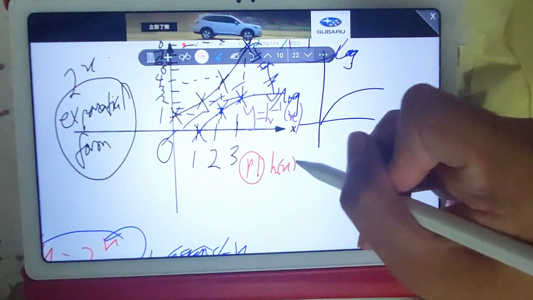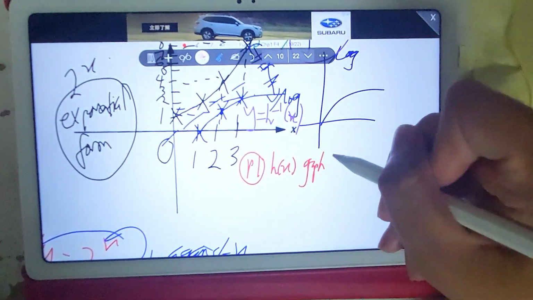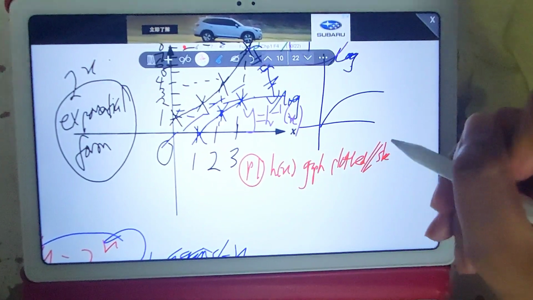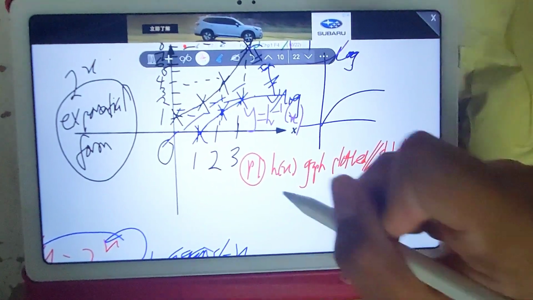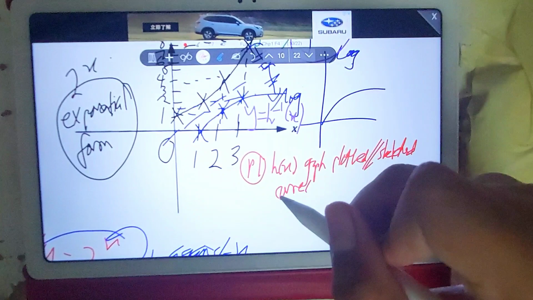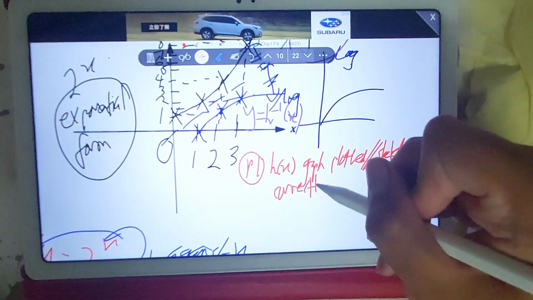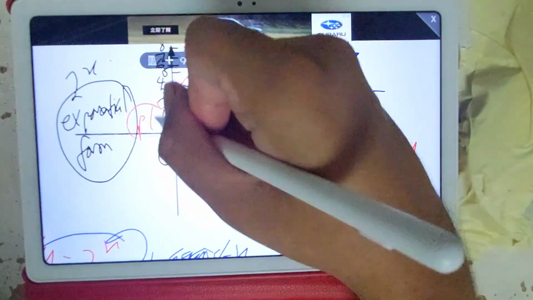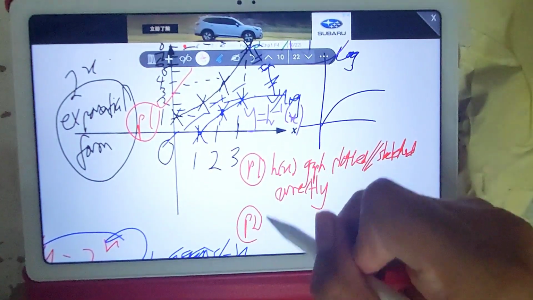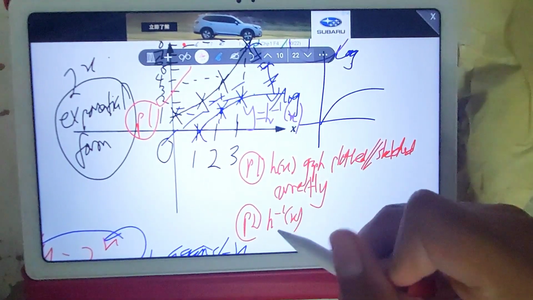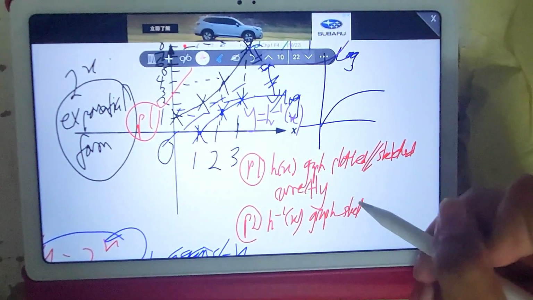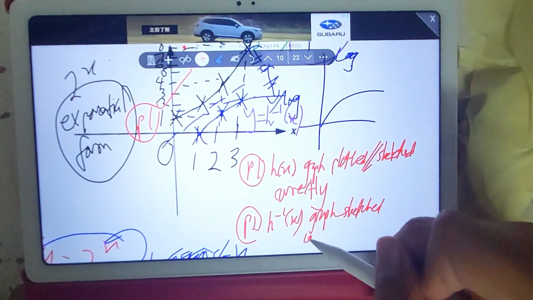They want to see that your h(x) graph is sketched correctly, because it's not plotting actually. So this is the key thing here: h(x) must be sketched correctly. If you do this correctly, you get the P1 mark. And P2 is the inverse function graph sketched correctly. So that's your 2 marks basically.